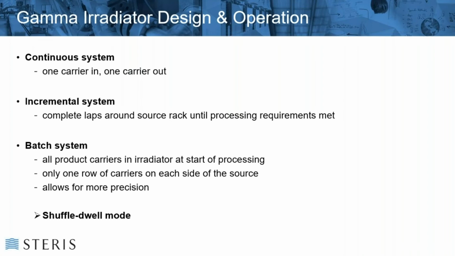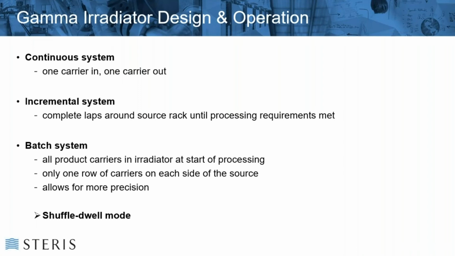So you can process products with different dose requirements together. As a product with a lower dose requirement completes processing, it can exit out of the radiation room, and other product in there would continue to complete laps.